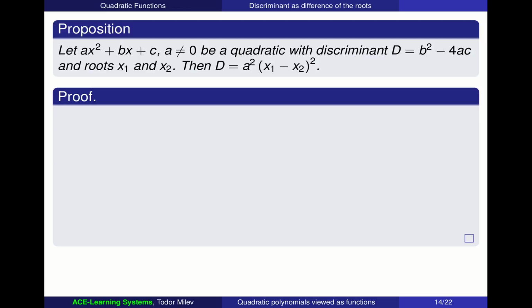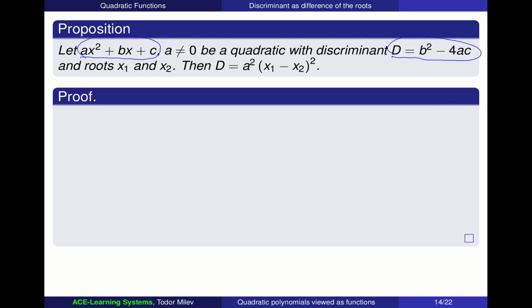In this slide, I want to cover an important property of the discriminants. So just a reminder, given a quadratic ax squared plus bx plus c, its discriminant D was this expression, b squared minus 4ac, the expression that participated under the radical in the formula for the solution of the quadratic equation.